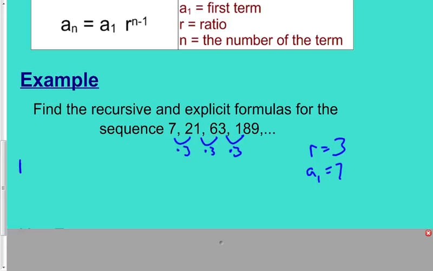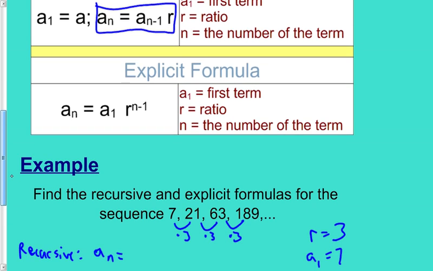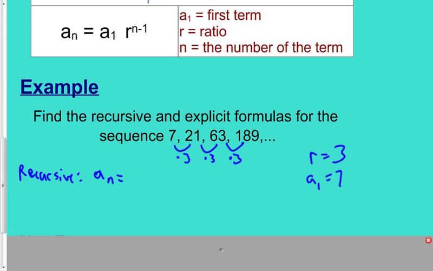So the recursive formula would be a sub n equals a sub n minus 1 times the ratio of 3. We don't know which one we're finding yet.